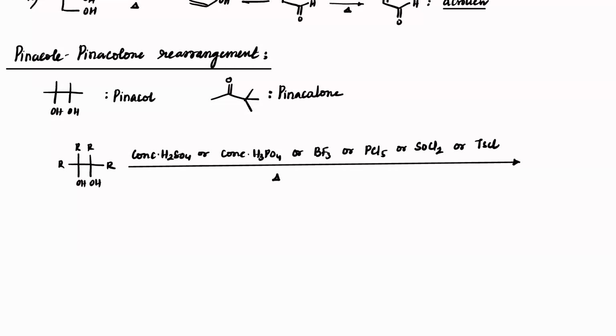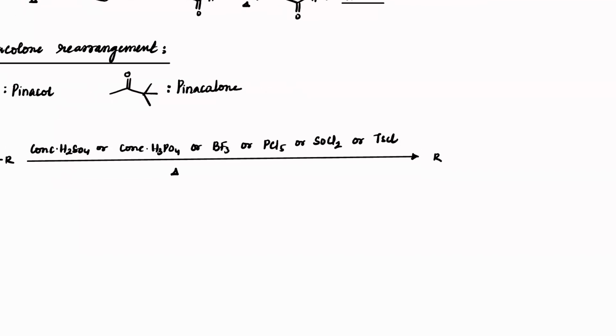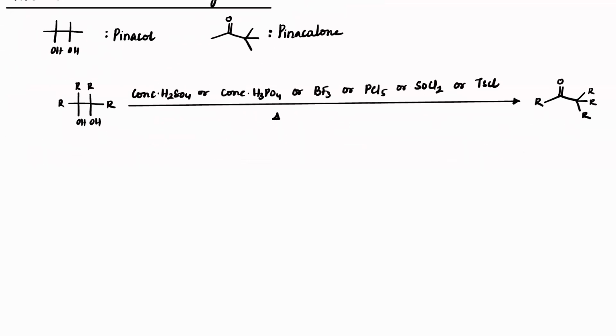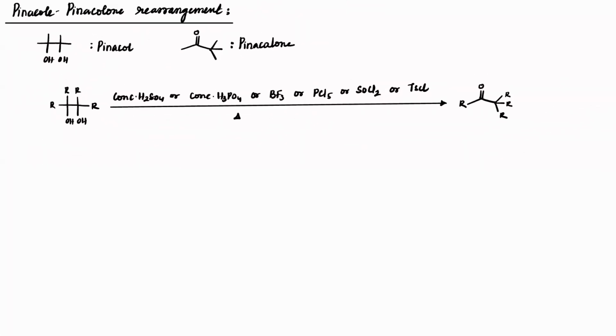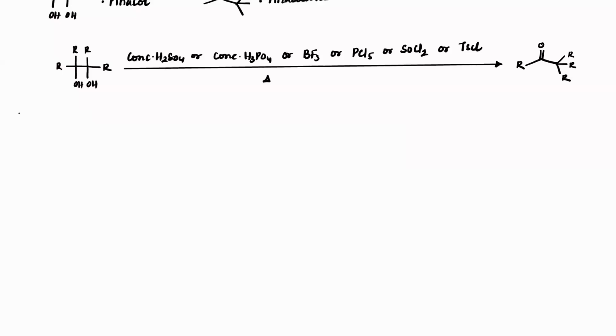If you react, then the product you will get here is R forming a ketonic group, and on the other side we have R groups here, R, R, and R. So pinacol converts into pinacolone. See the mechanism now. OH, OH, R, R, R, and R with H plus.